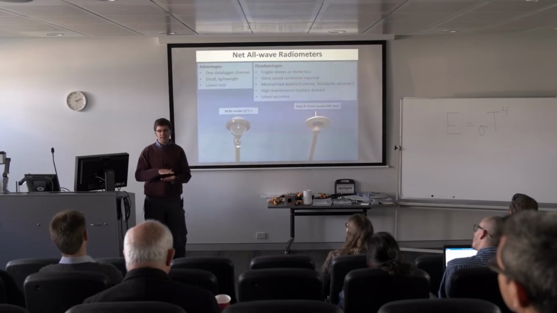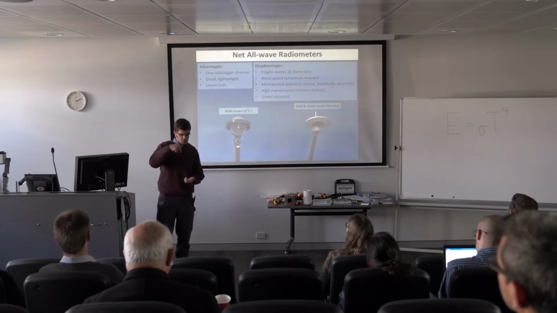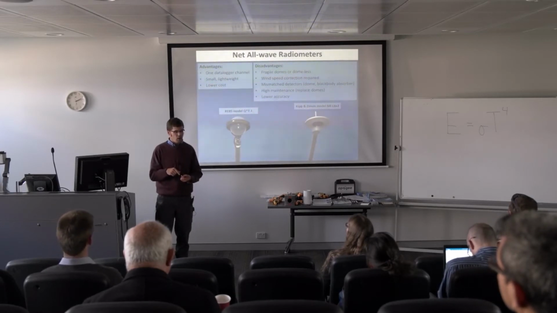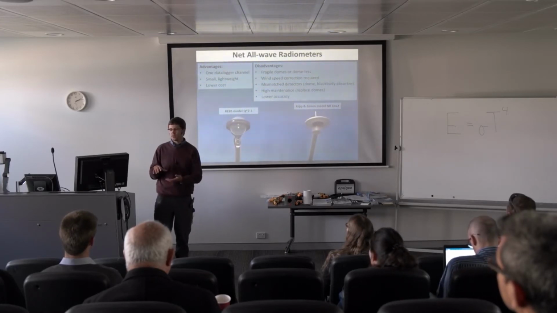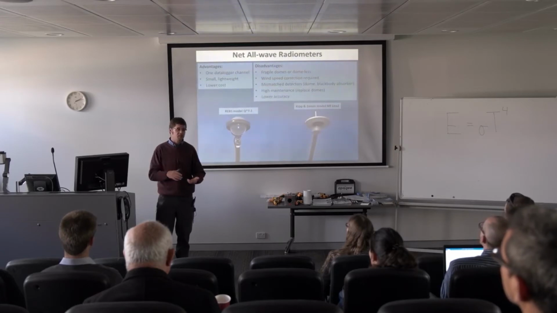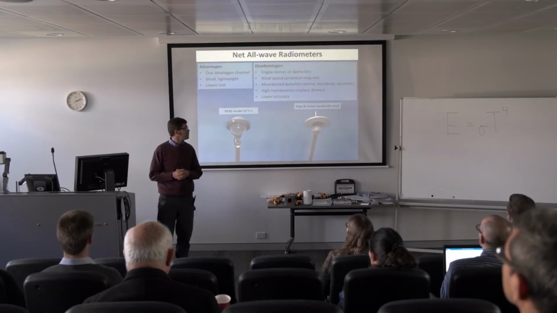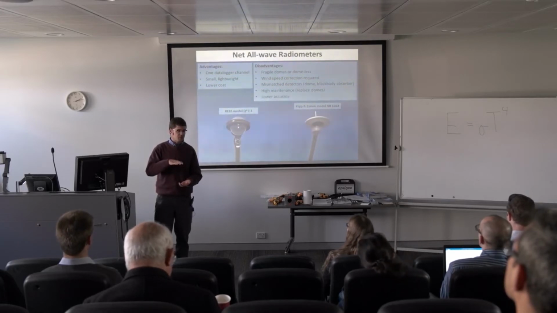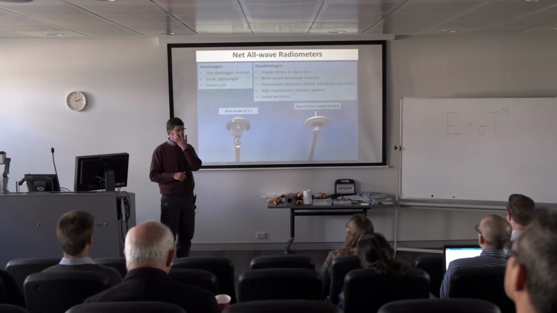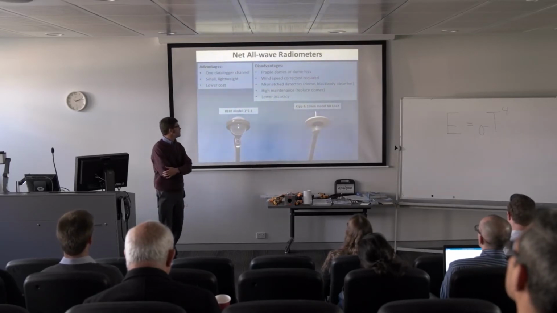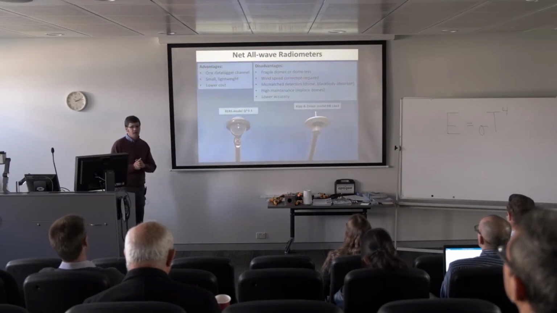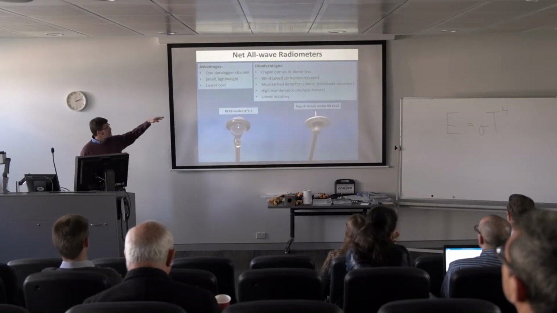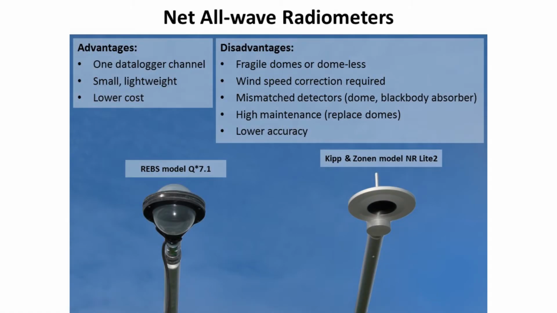They have to have the same sensitivity to shortwave and longwave, and they have to have the same sensitivity to each other. Otherwise, they're only accurate for the conditions that they're calibrated to. And if the conditions are changing like they do in a dynamic environment, then the mismatched detectors, so the upward sensitivity doesn't match the downward sensitivity, can lead to errors. They tend to be higher maintenance. For example, you have to replace the domes, and all of the above combined lead to lower accuracy.